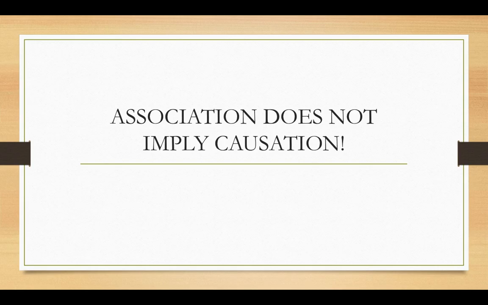So for example, with the observational study, I might see a trend that people who say they listen to music say it helps them study better. I might see that trend in my data, but I cannot say that listening to music causes people to do better on their exams or causes them to learn the material better based on an observational study.